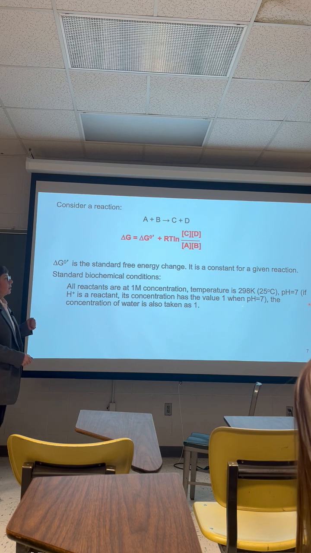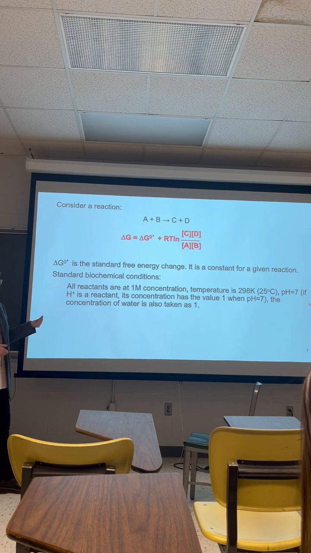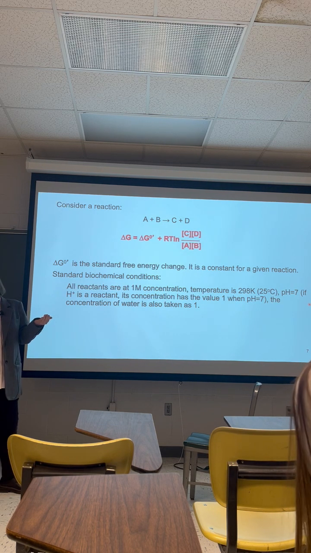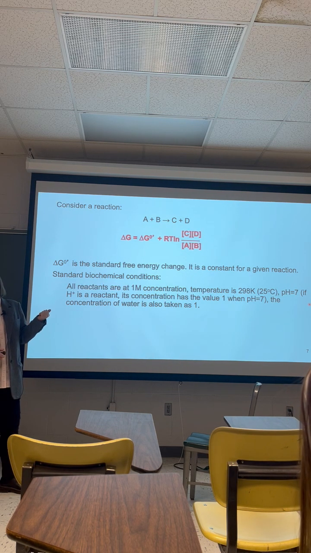First comment about pH. So pH 7 is neutral, it's good, but there are issues with pH 7 because in many reactions protons participate. And as you know, the concentration of protons at pH 7 is 10 to negative 7 molar. A weird number, not very helpful to use in all calculations.